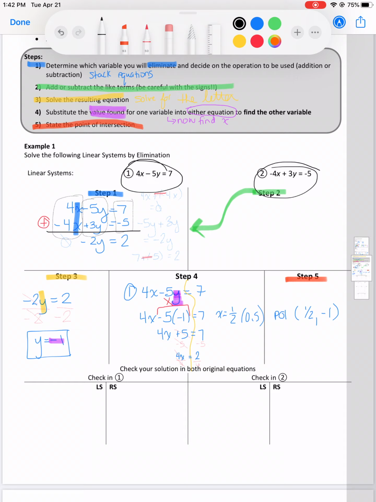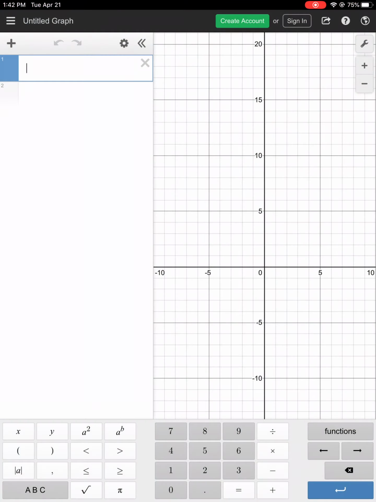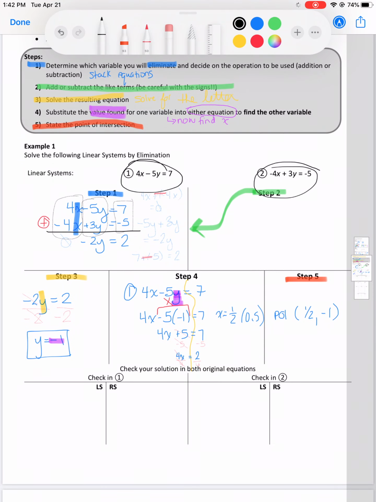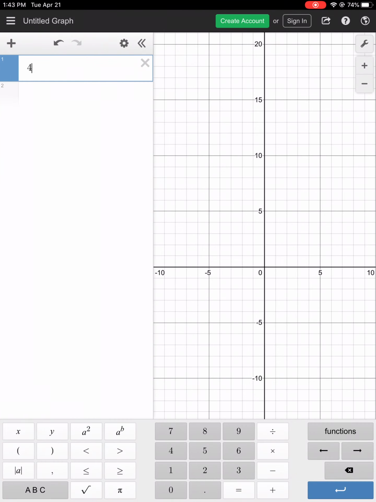Now, it says check your solution in both. I would usually just get you to plug it in and do it. I'm going to just show you using Desmos again. So I'm going to type in the equations as they are. 4x minus 5y is equal to 7.